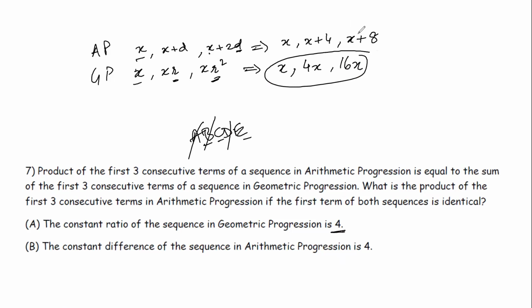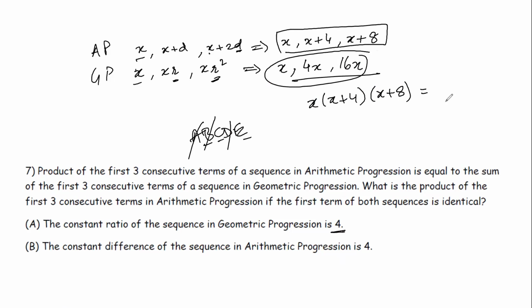Now when we take both together, we'll take the product of this entire thing and we'll say this is equal to the sum of this entire thing. Make sense?